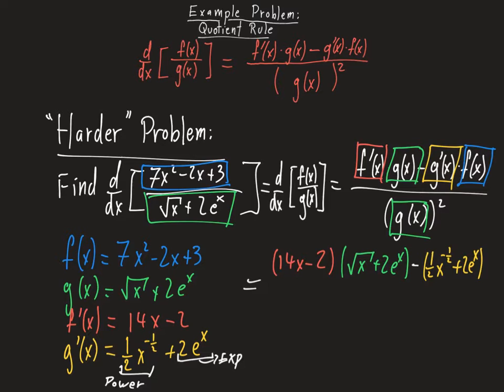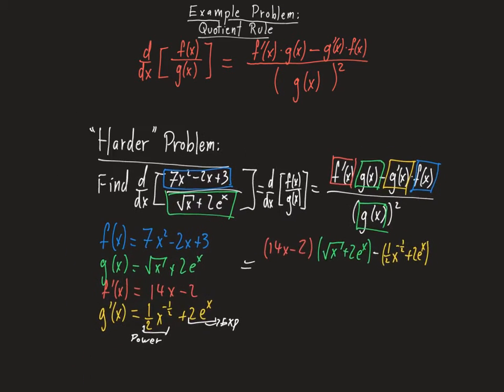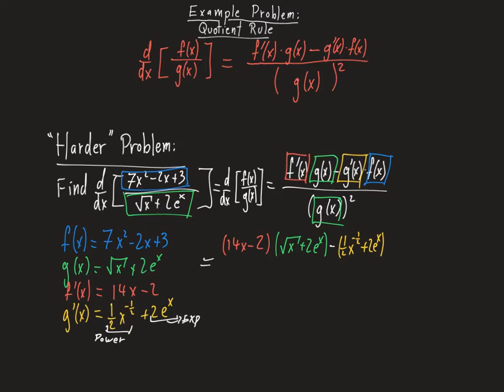And last but not least, let's make this a little bit smaller. Give myself a little bit more space. Last but not least, we have our function f of x, which is equal to 7x squared minus 2x plus 3. All right.